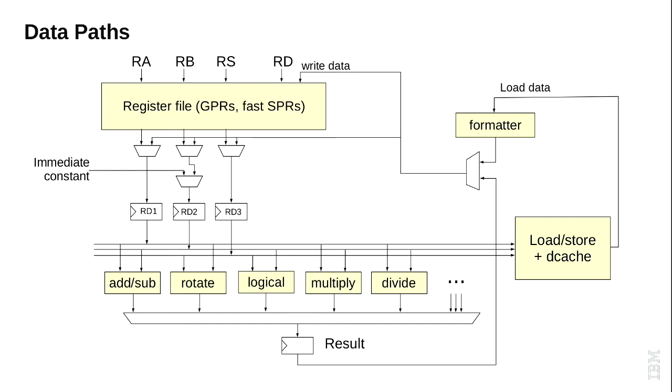So we have our 3 register operands which are indexed by these RA, RB, RS fields of the instruction word. So the specific sets of 5 bits in the instruction word that indicate which are the register numbers you're reading for each of the 3 potential operands.